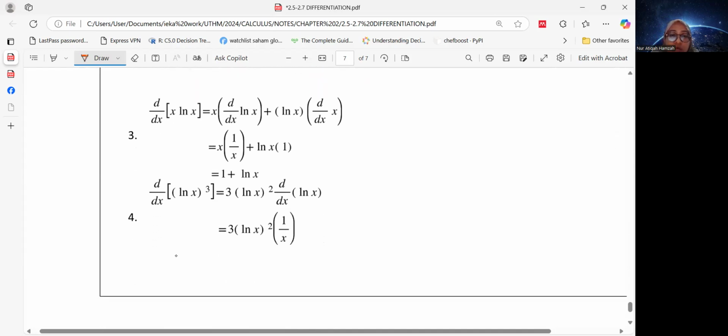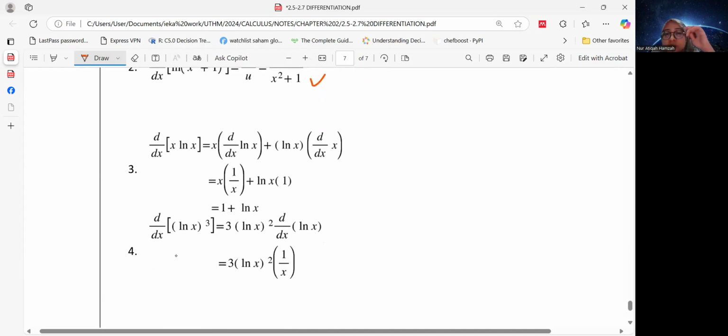Okay, for number 3 and number 4, it is a special case where you need to identify which formula of differentiation you need to use to solve this kind of problem. So for number 3, you need to use the product rule that you already learned last week. So d over dx x ln x. It means x times ln x.